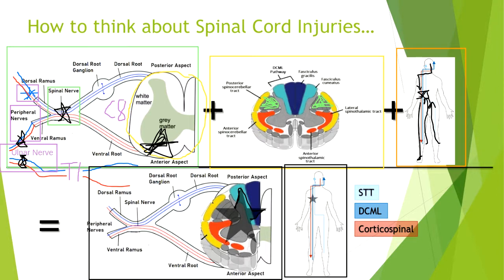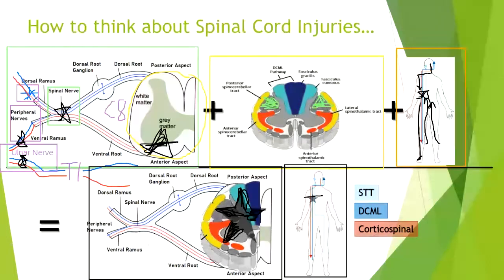So we're going to have interruption to our DCML tract. We can see this part of the star has interrupted the lateral corticospinal tract, so we're going to have some motor impacts. And this part of the star is actually hitting the spinothalamic tract there in the red as well. So this spinal cord injury, which is still only on one side of the spinal cord, has impacted 3 separate tracts.